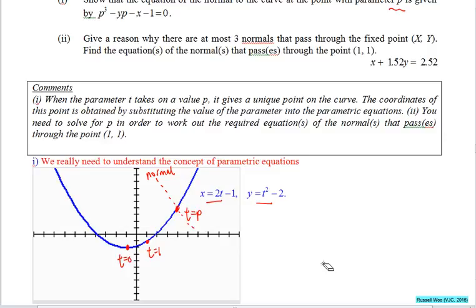Now, what is the coordinate of this point? When t equals 0, you substitute 0 here. When t equals p, you just substitute p in, you get 2p minus 1, p squared minus 2. It all makes sense. It's not done randomly. At this particular point, the parameter takes on the value p, therefore the coordinate is like that.